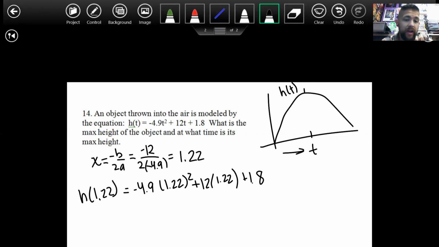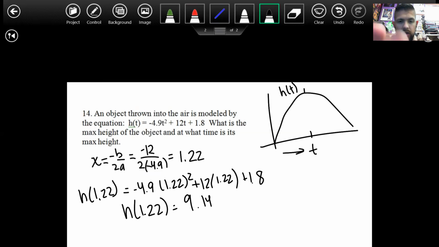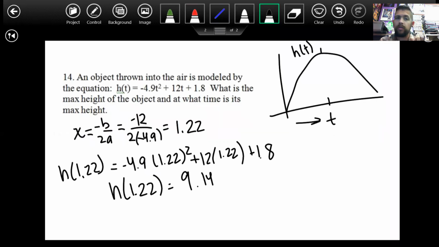When you plug these values in, all you're going to get is your height at 1.22, which is going to give you the value of 9.14. And it can either be feet or inches, or meters. We don't really know, it doesn't tell us.